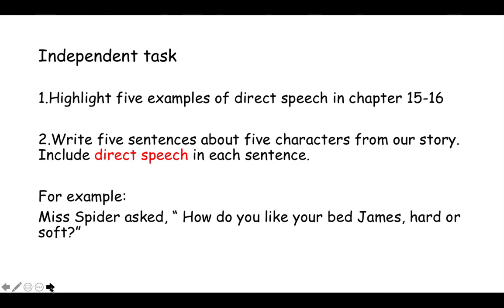So here is an example. Miss Spider asks, "How do you like your bed, James? Hard or soft?" So this is an example of the direct speech of Miss Spider, something she asked James. I've used my reporting clause, Miss Spider asked.